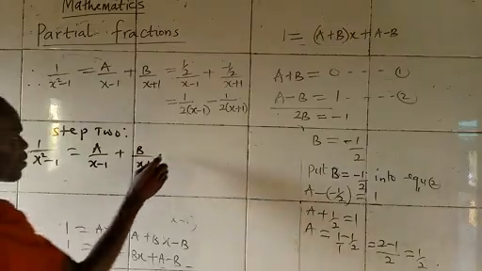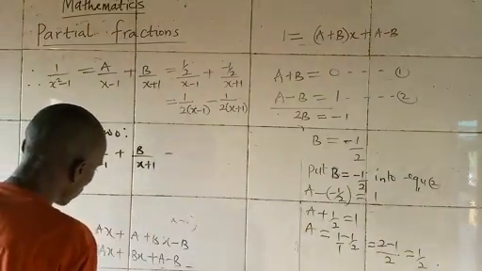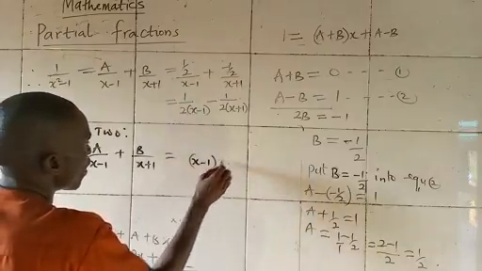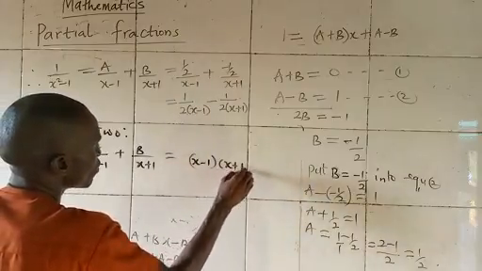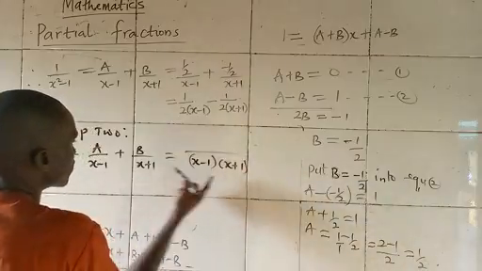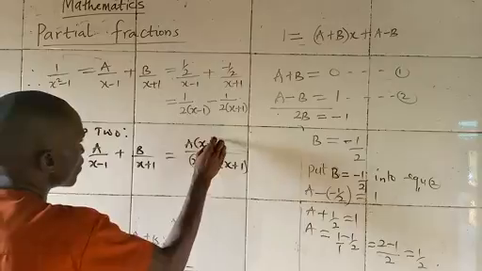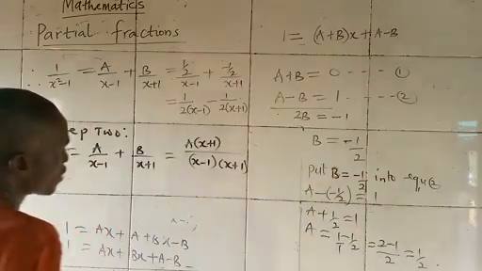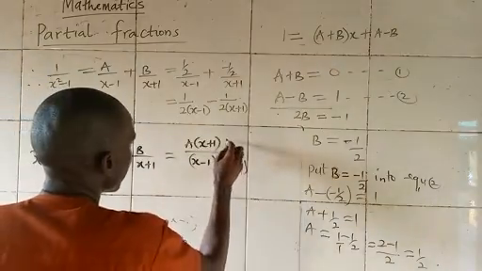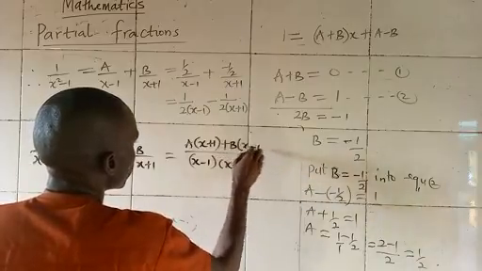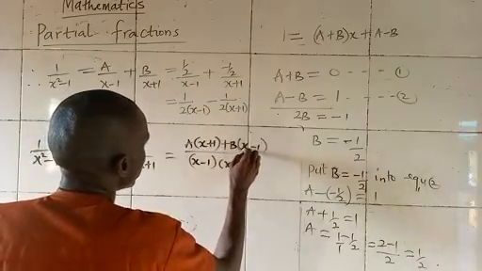Now in this case, take your LCM. Remember I told you, take your LCM of S minus 1 and S plus 1. Therefore, when you do that, remember the way we did it before: A (S plus 1) and B (S minus 1).